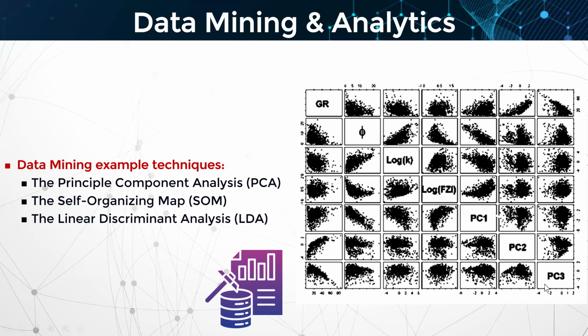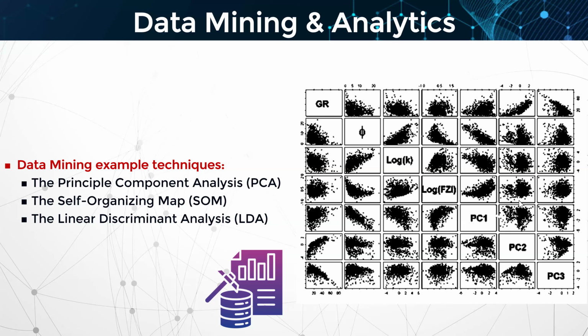As you can see, we have scatter plots between different physical parameters and three principal components. The objective of this technique is to minimize the size of a big database and get more insights into the relationships between the data or different parameters.